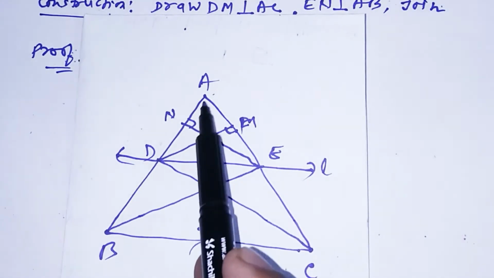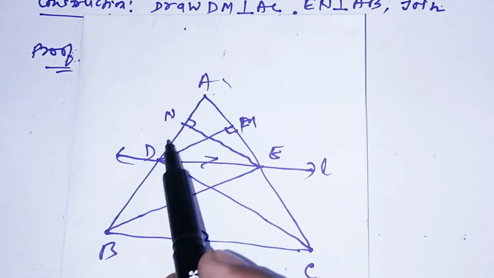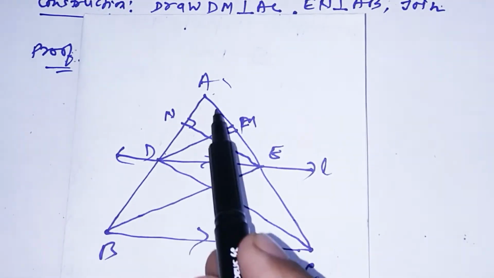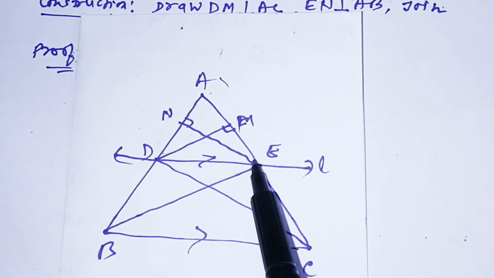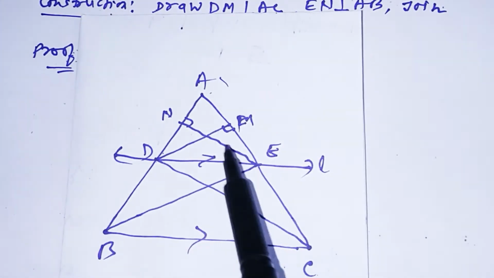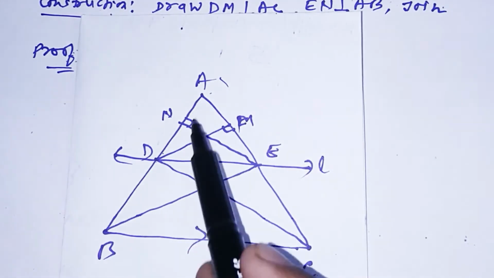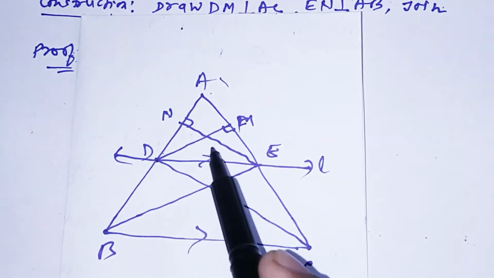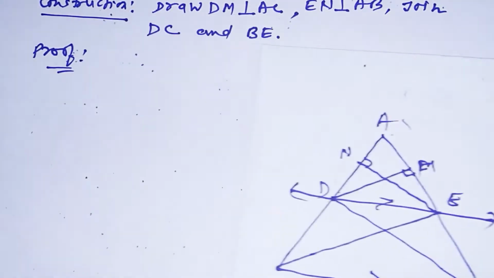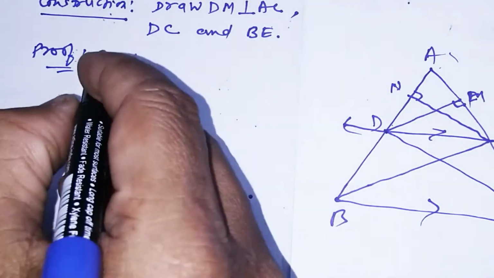We have to prove AD by DB equal to AE by EC. So first you have to find the area of this triangle. Once we take the base AD and another time we take the base AE. Now if we take the area of ADE, it is half into base into height. So half into base AD, and height will be EN.